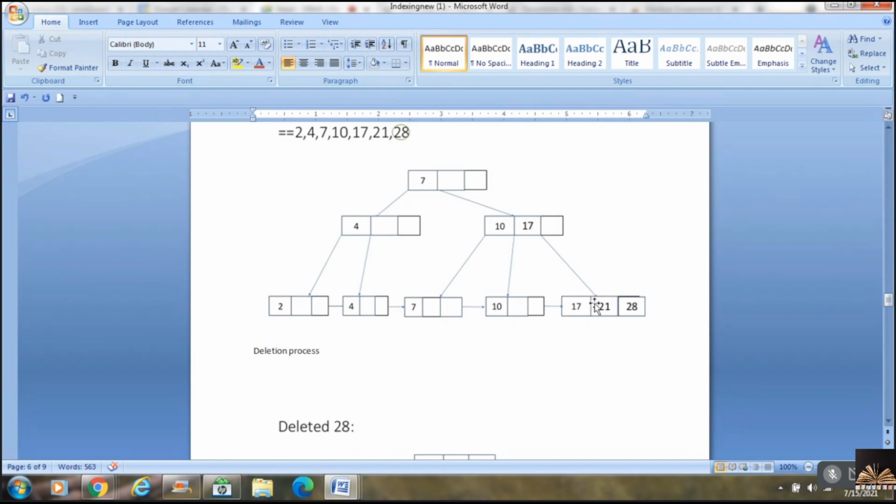So I can get whatever details I want with respect to record key 21. This is the way I perform a search process. Now, in the deletion process also, you have to look for the key element first.